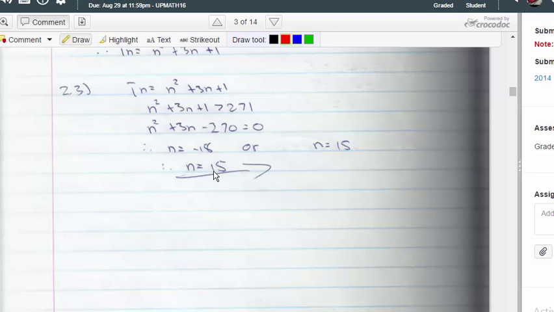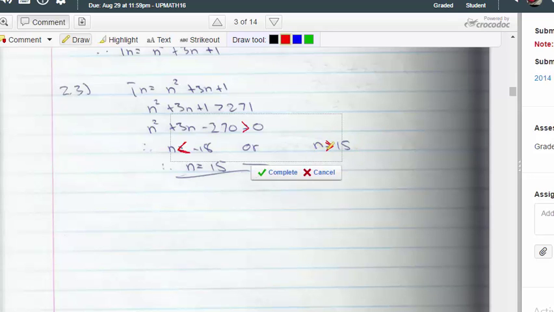But the question is, what is the first term that's greater than 271? He should have kept his greater than 271, and then drawn the sign diagram, greater than 0, and so his answer should be terms less than negative 18 and greater than 15.